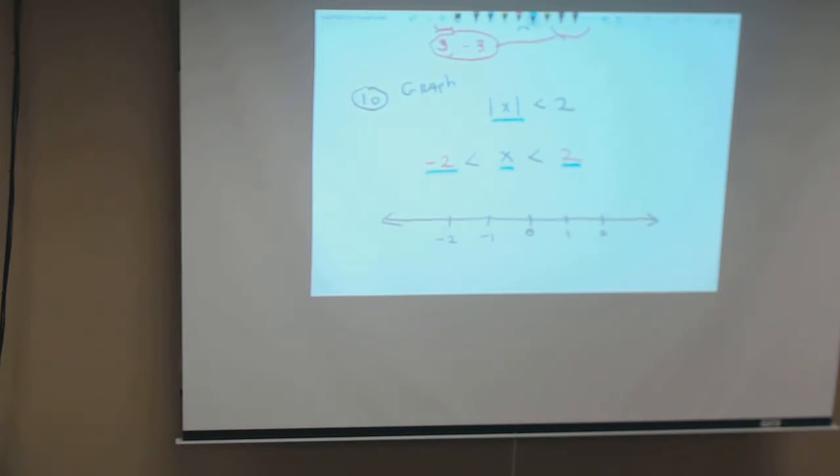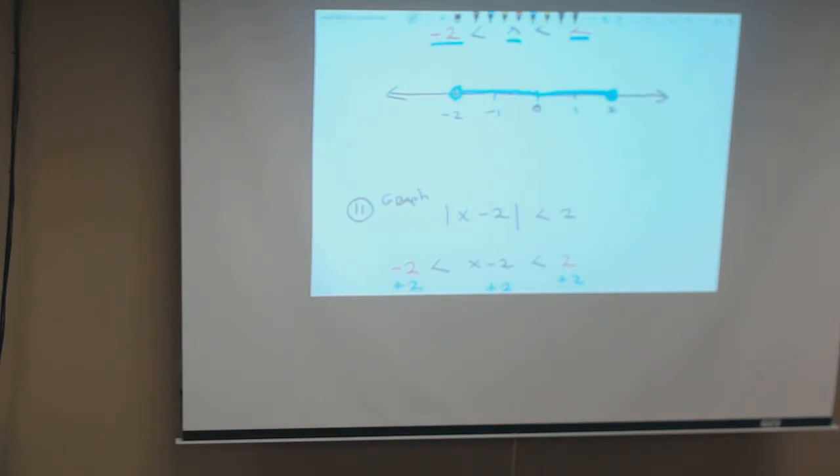So here's 2, and because it's less than, I put a circle on it. Here's negative 2, and I shade in between. And that's the graph of the absolute value of x is less than 2. So always use that technique where you take the x and then go, it's between the 2 and the opposite of 2.